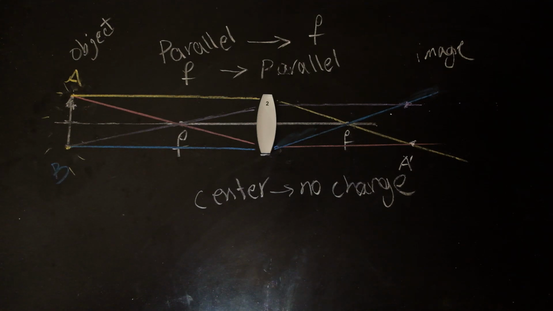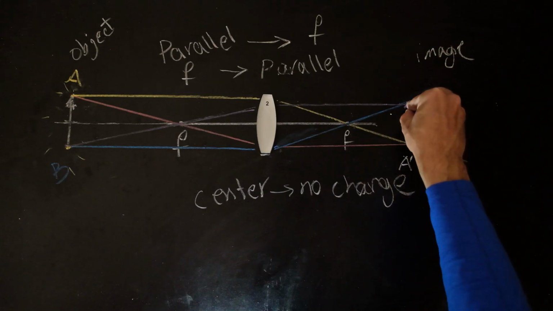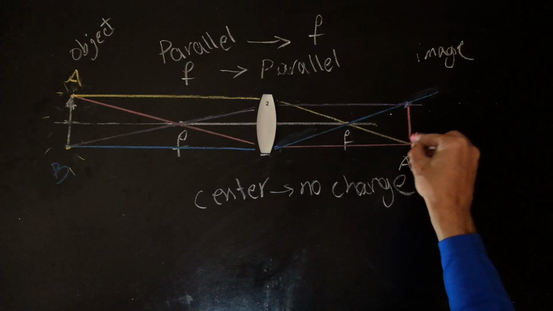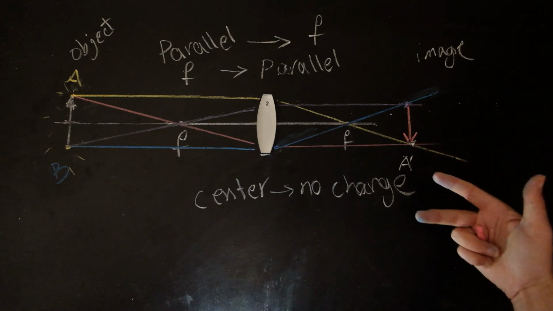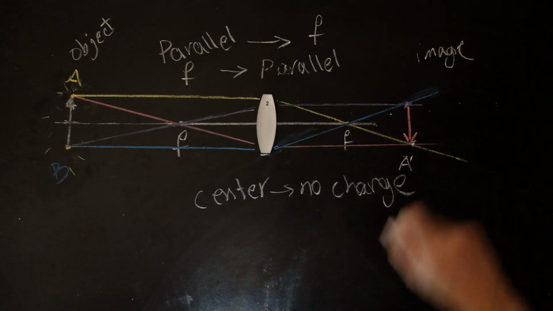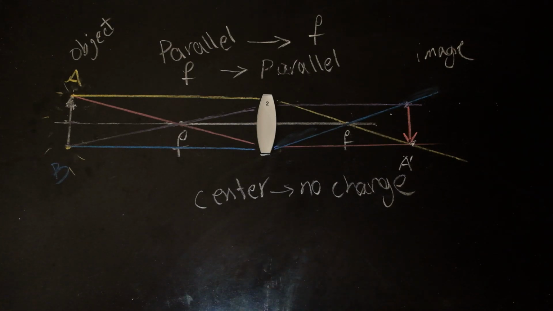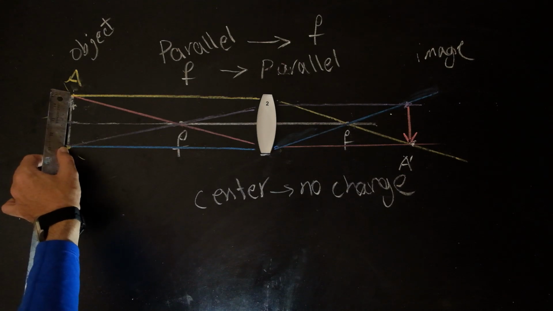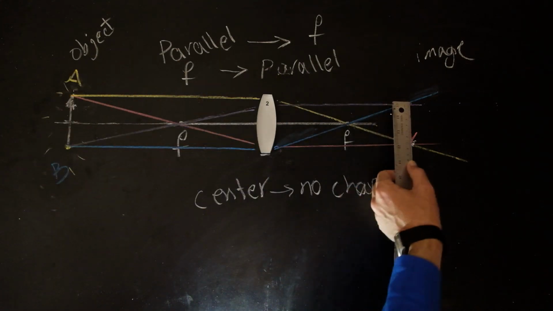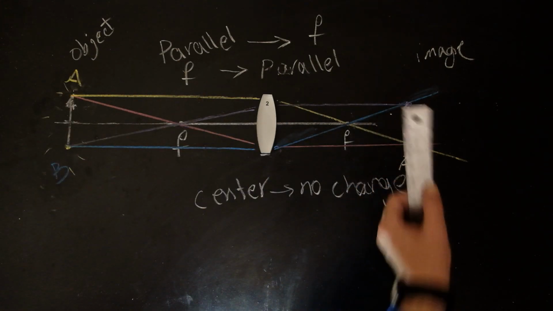So final image is like this. So in this case, image is inverted and it's slightly smaller. You can see this is our initial size and final size is smaller.